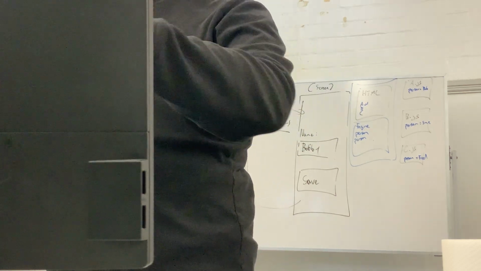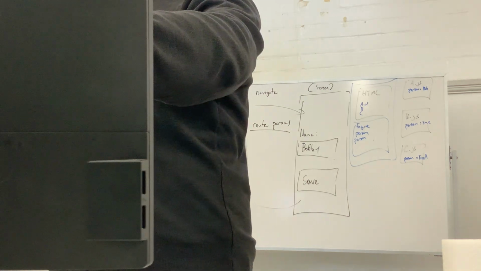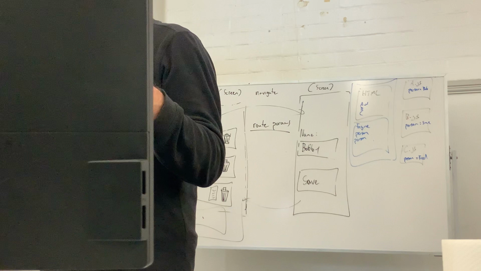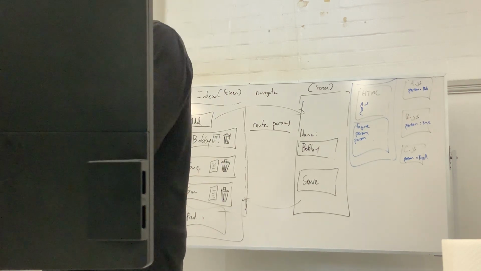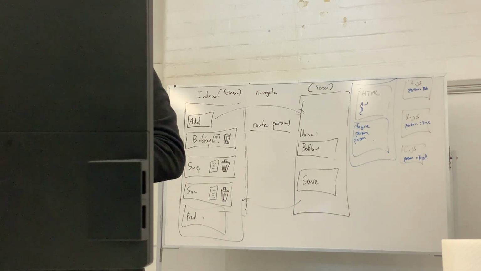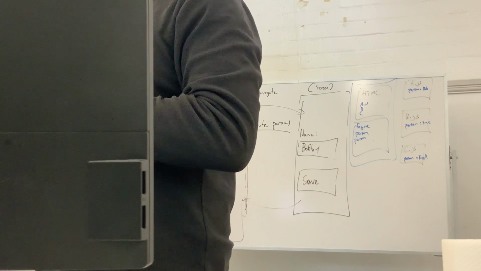Whereas with React, we're writing JavaScript, but then React takes our JavaScript and compiles it into Android or iOS. So React uses this module system. Does that make sense?